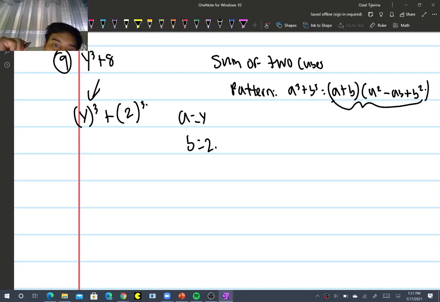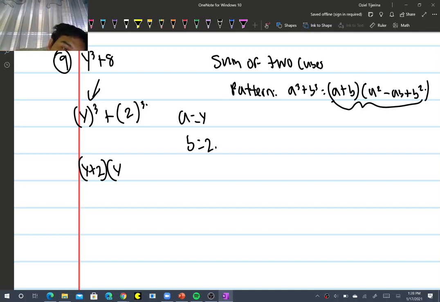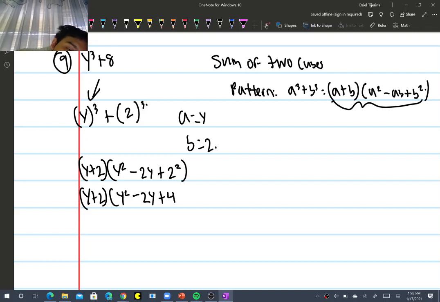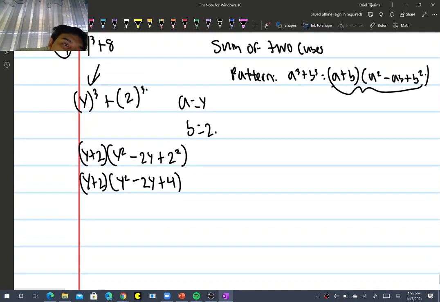We can say y plus 2 times y squared minus 2y plus 2 squared, which is y plus 2 times y squared minus 2y plus 4. And this would be your final answer for this one.